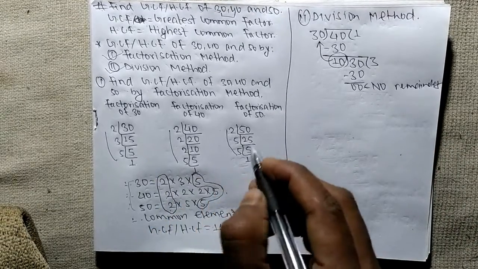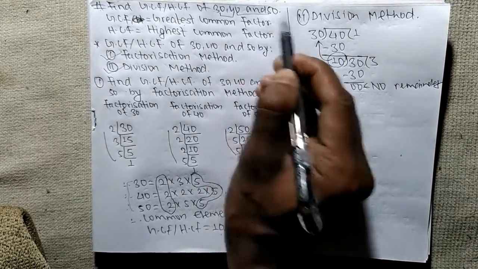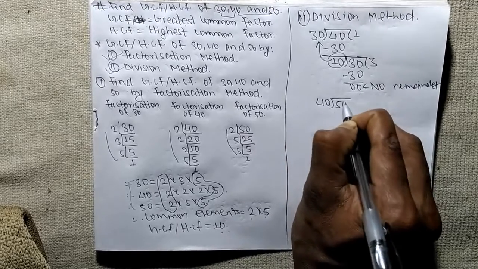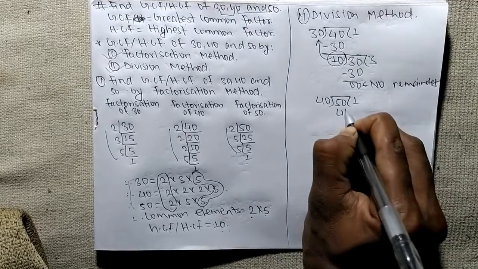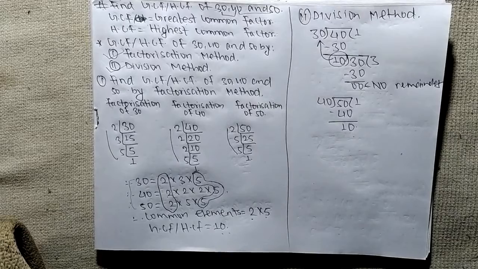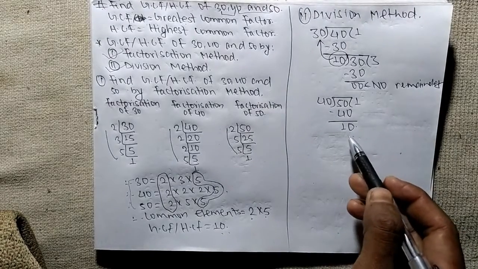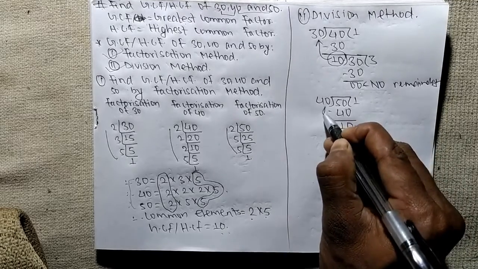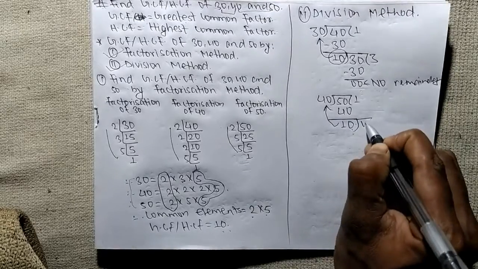Like as, let's check it out for 40 and 50. So 40 is the lesser number which divides the greater number 50. So it is 40 times 1 is 40, and 50 minus 40 is 10. As you look here, again the remainder 10 comes. So we have to again divide the divisor, which is 40, with remainder 10. So 10 divides 40.